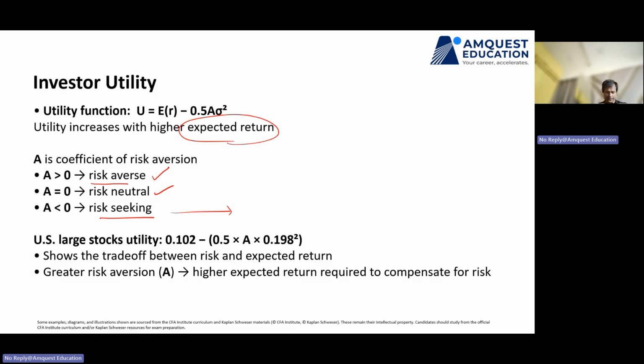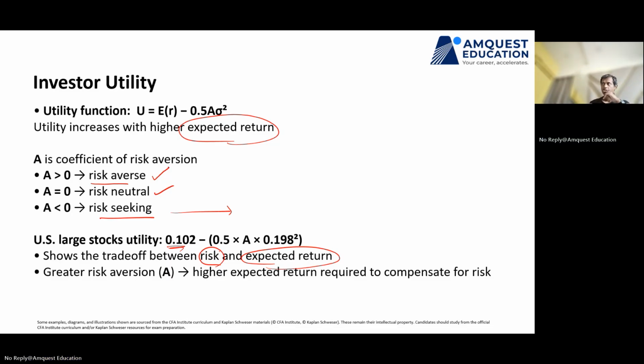Okay. Now US large stocks utility normally has a value which is 0.102 minus 0.5 into A, which is aversion, into 0.198 square. Don't worry about this formula, it just shows the trade-off between the risk and the expected return. Now do understand, if you have a greater aversion, you will also need a greater expected return.